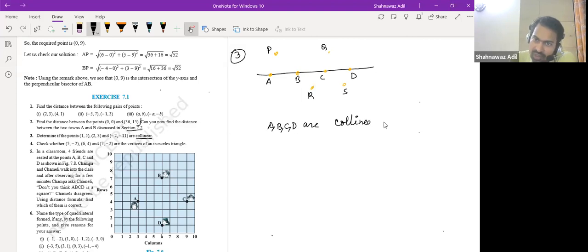Collinear means lying on the same line, right? Collinear means same line. Understood? And P, Q, R, S are not collinear.